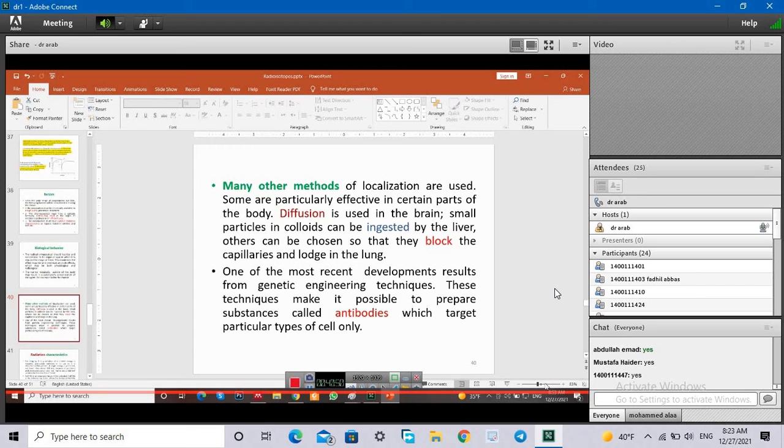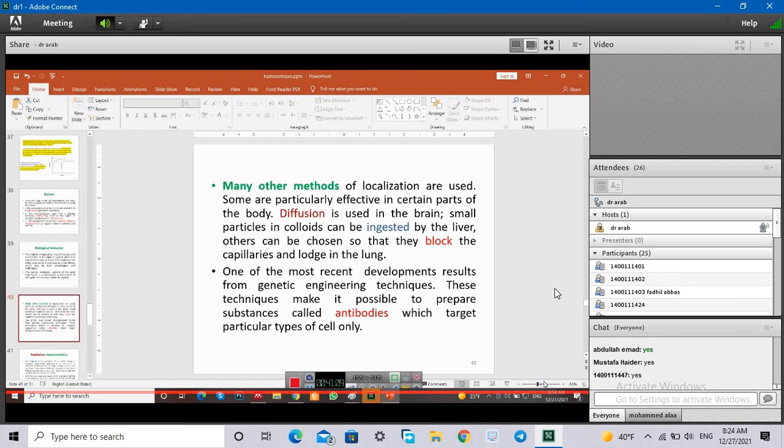And recently, by applying antibodies, we can selectively target a radionuclide to a specific organ, and the use of antibodies has caused a revolution in medicine, especially in nuclear medicine.